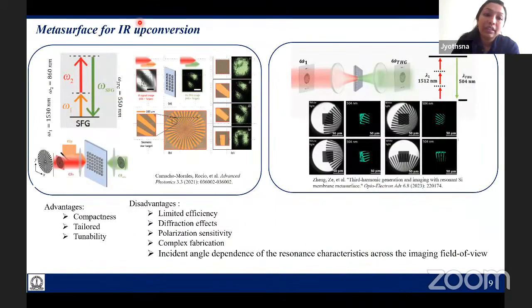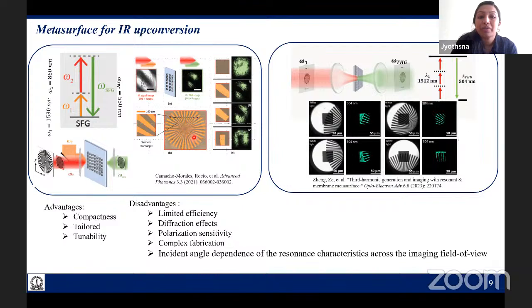In a very recent publication, a metasurface is used for upconversion imaging. This overcomes certain limitations of the nonlinear crystal. For example, metasurfaces are much thinner and compact, so they can be easily integrated into any system, making the entire imaging system much more compatible compared to a system with a nonlinear crystal.